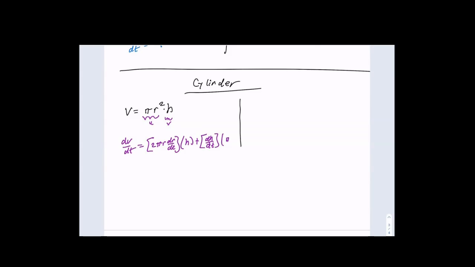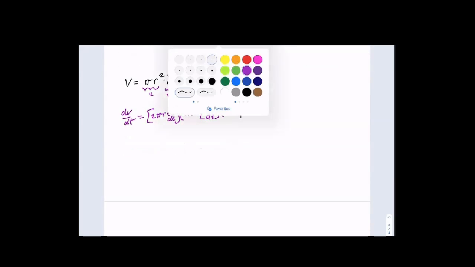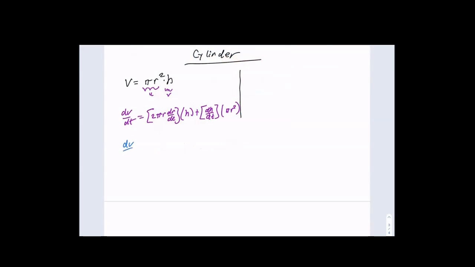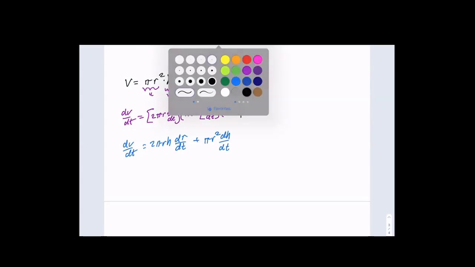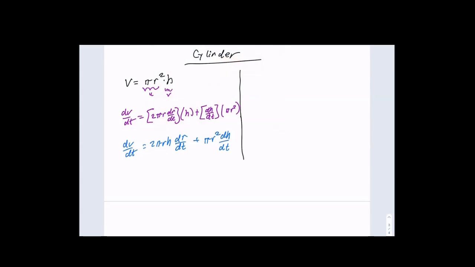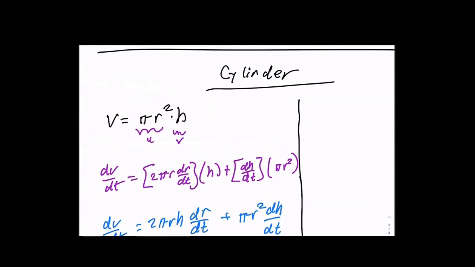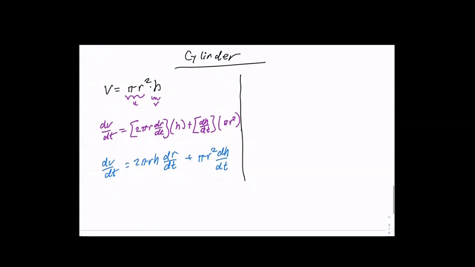Times pi r squared. And so just to clean it up, dV/dt equals 2 pi r h dr/dt plus pi r squared dh/dt. But in reality, when you do it, you're going to do it like that. So it's a product rule.